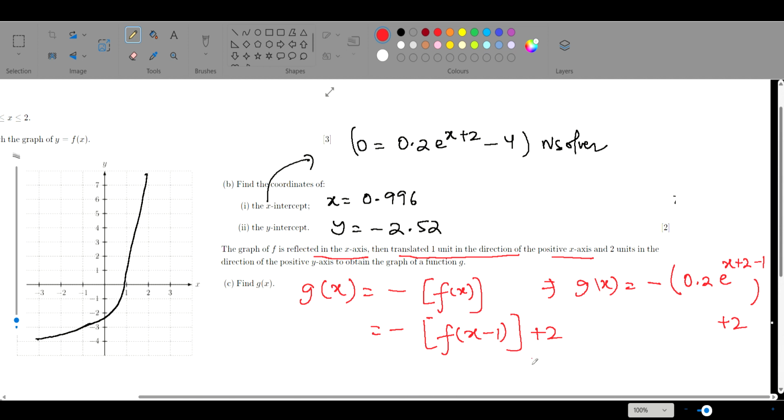There is minus 4 also, so I'll write minus 4 in the bracket. So it is minus 0.2 e raised to the power 2 minus 1, so x plus 1, and minus 4 becomes plus 4, plus 2. So minus 0.2 e raised to the power x plus 1 plus 6. This is my g(x) after the transformation.